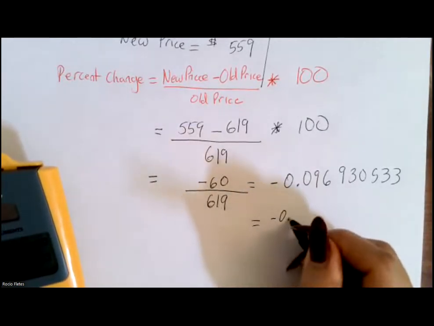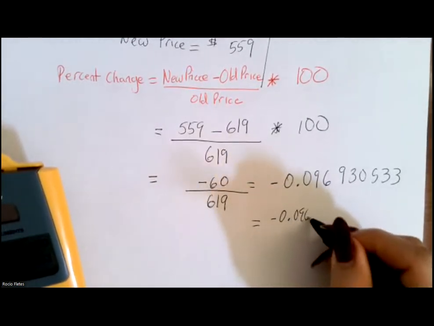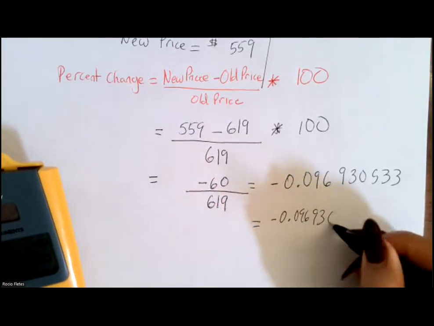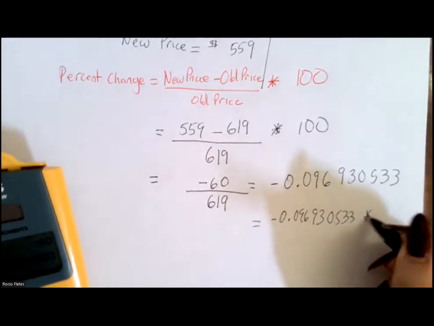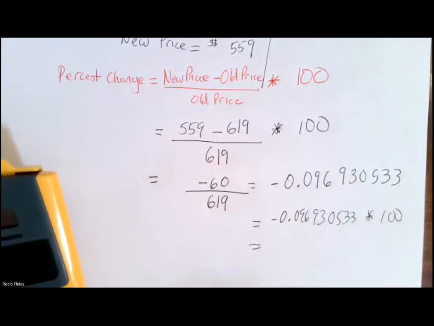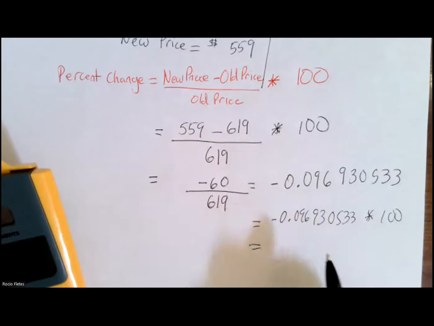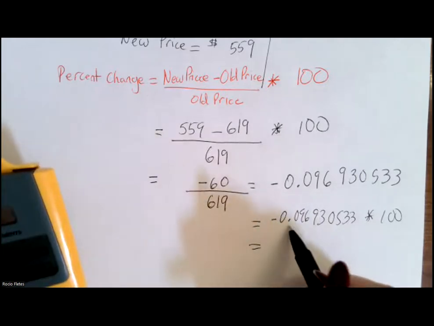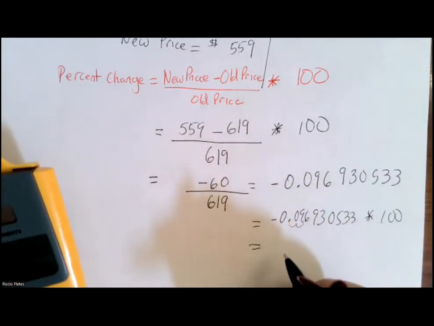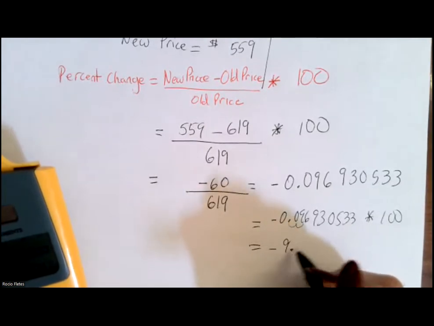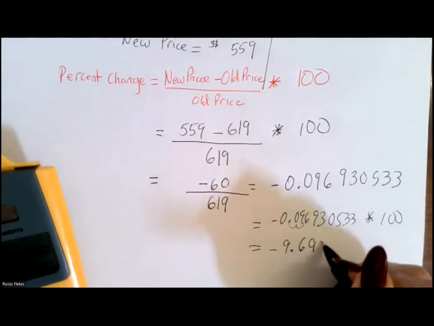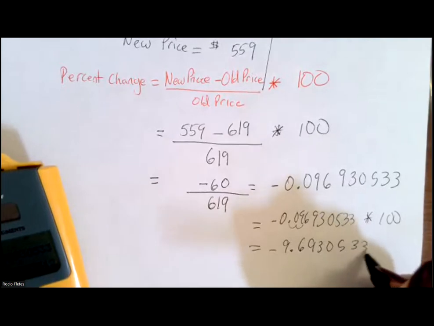So if you take negative 0.096930533 and I multiply by 100, remember, the decimal point moves to the right 2 places, so it's going to be negative 9.6930533, right?